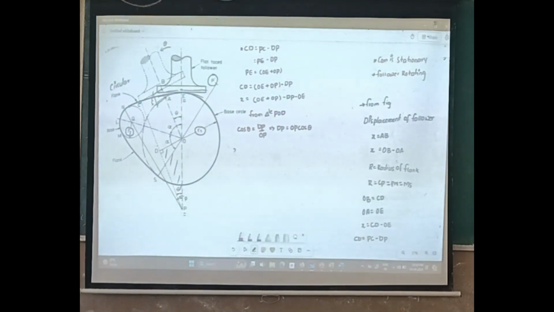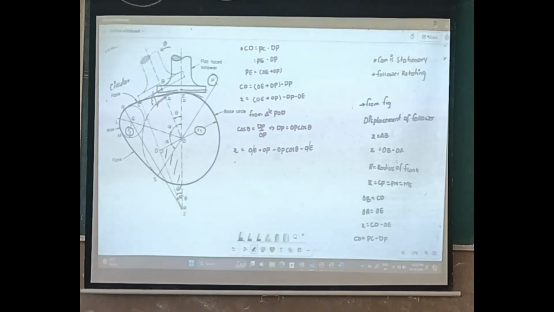So now the displacement x is equal to OP minus OP cos theta minus OE. So from this we can say that OE will get cancelled.